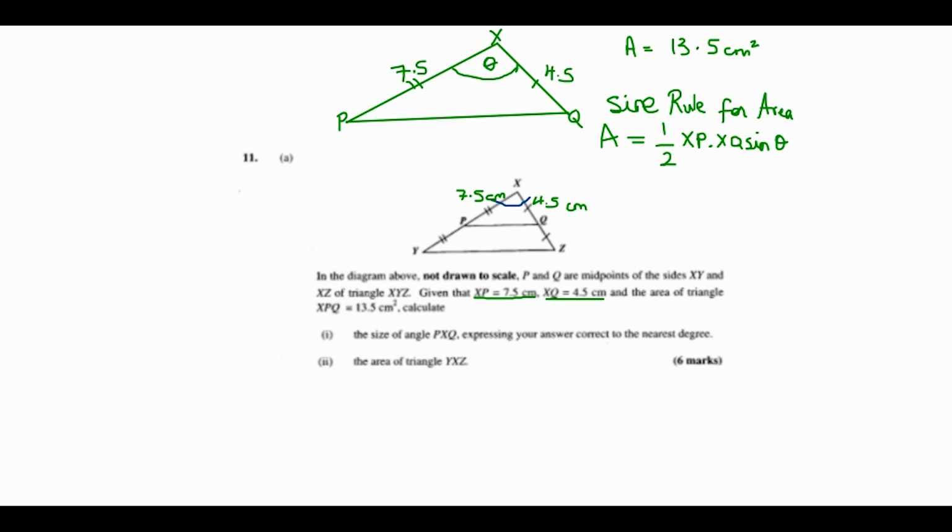Yes? That's it. So anytime you want to find the area of a scalene triangle, think sine rule, the area rule. So the area of this triangle, which is 13.5 centimeters squared, is given by a half XP by XQ by the sine of the included angle theta.